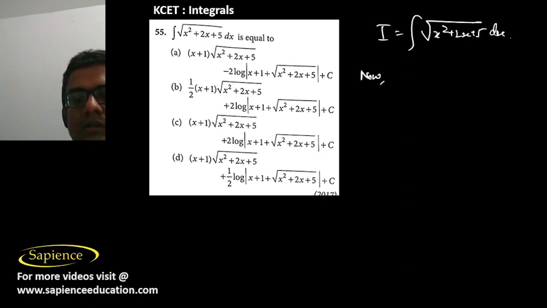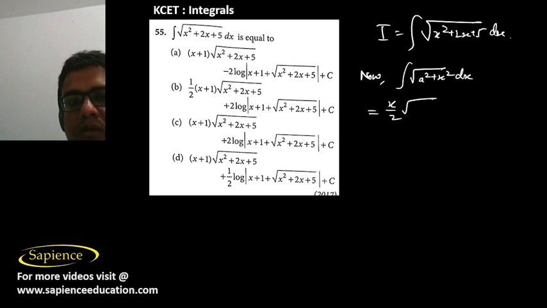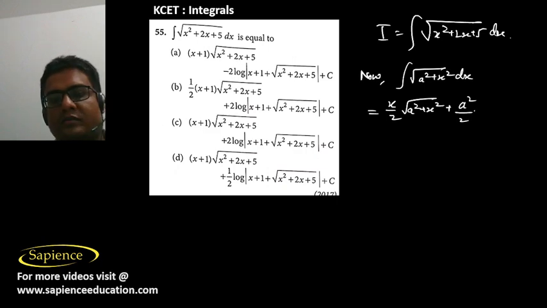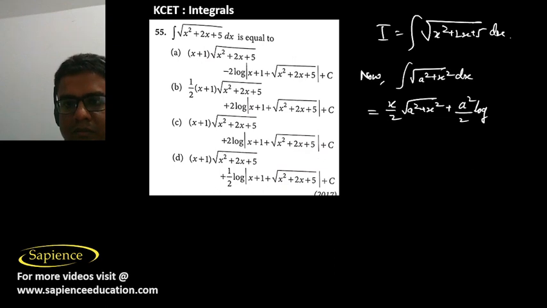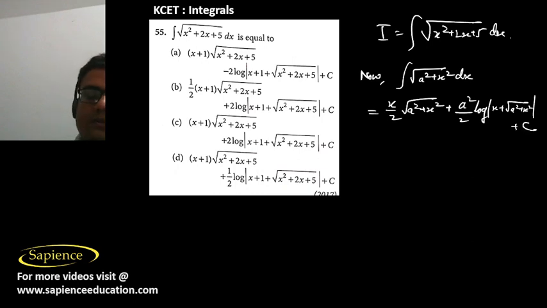Now we know the rule that integral square root of a square plus x square dx is given as x by 2 into square root of a square plus x square, plus a square by 2 log of mod x plus square root of x square plus a square, plus c. So this rule we have to apply.